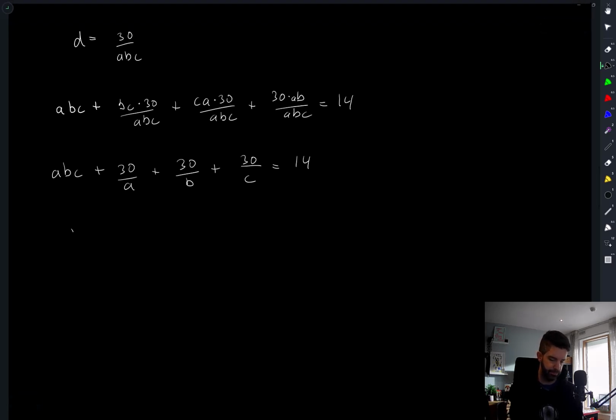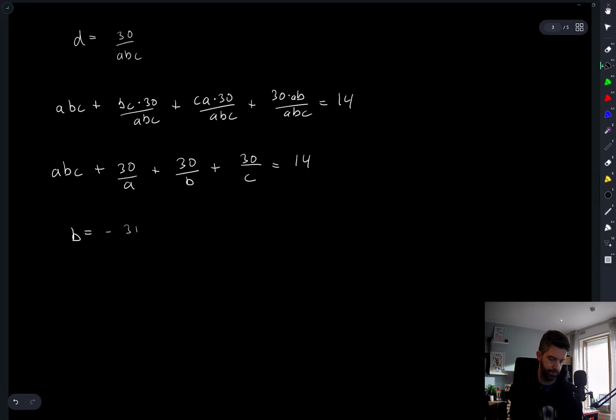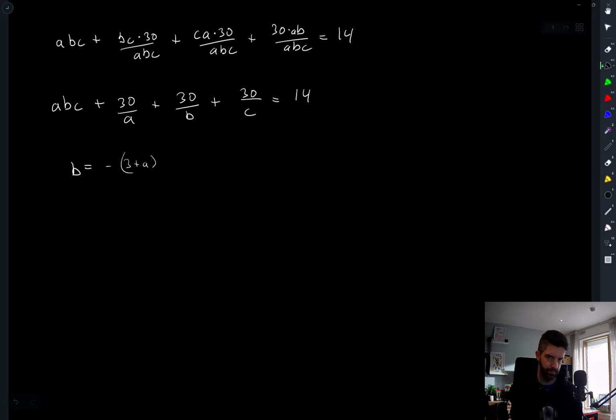I also have B is equal to negative 3 plus A. So negative 3 plus A times A minus 3 plus A times C plus AC is equal to negative 4.